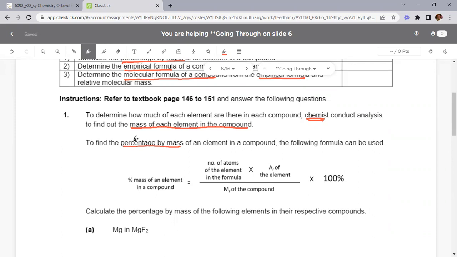The following formula is used to find the percentage of an element in the compound. We take the number of atoms of the element in the formula multiplied by the relative atomic mass, Ar, divided by the Mr, which is the relative molecular mass.